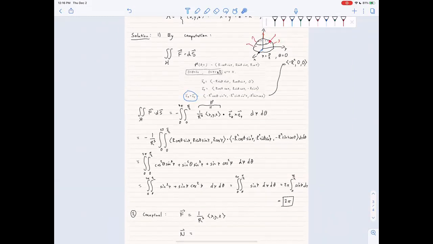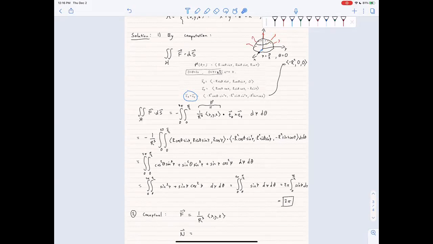Now, if I have a point here, x, y, z, how do I find the normal vector? I can take the line from the origin and just continue from here to here. In other words, the normal vector is parallel to the vector x, y, z, a positive multiple.